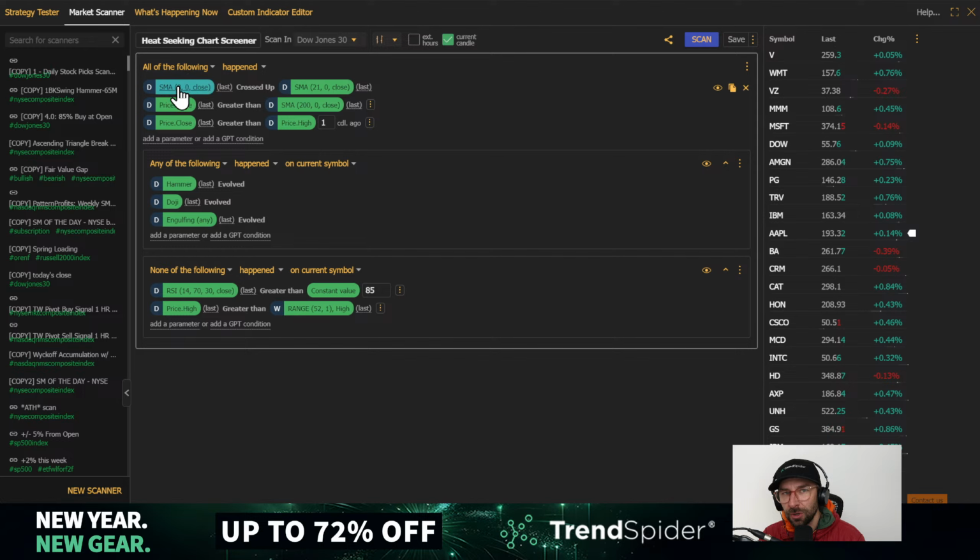So what we're looking for here are scenarios where the 8 is crossing up on the 21, price is closing greater than the 200 SMA, and price is closing greater than yesterday's high. Those three things are all true. Also true is that either there's a hammer, a doji, or an engulfing candle forming. Also, what is not true, because of none of the following, is that RSI is greater than 85 and that price is greater than the 52-week range high. Does that make sense?